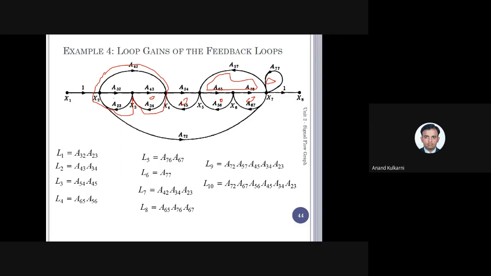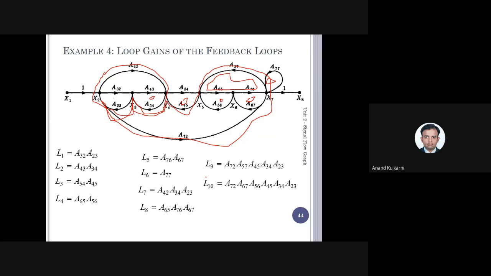Then what is the ninth loop? 72. It will start from here, go from here, and then it will be like this. Then the last one will start from 72, this bottom loop. So I hope this is clear.